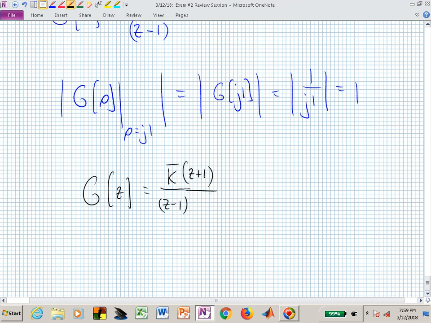What value of Z do I use? I didn't pick a capital T, did I? So it's going to depend on that capital T a little bit. But here I would say z is equal to e to the sT, but what was s?